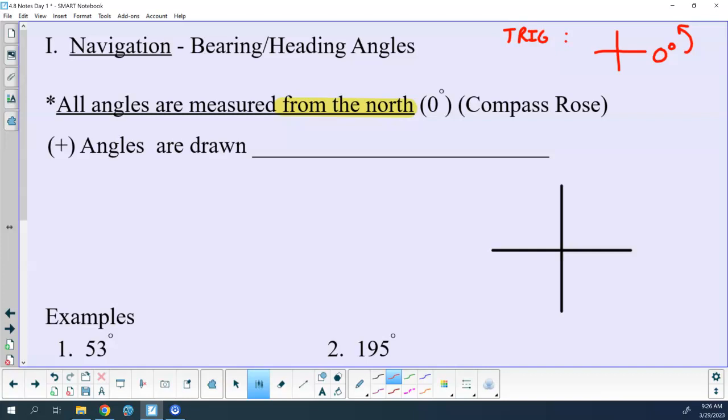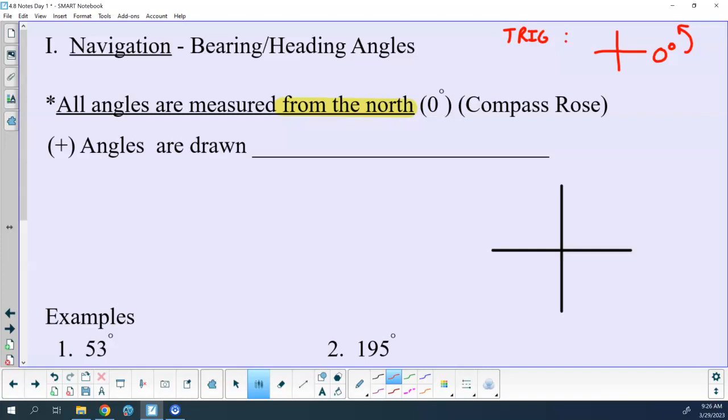We've ingrained that in your brains since we started the unit circle back in October, right? 0 degrees is over here on the right side. Positive angles go counterclockwise. They go up and around that way. Okay? So since October, we've ingrained that in your brain. Today, we're changing that. Okay?